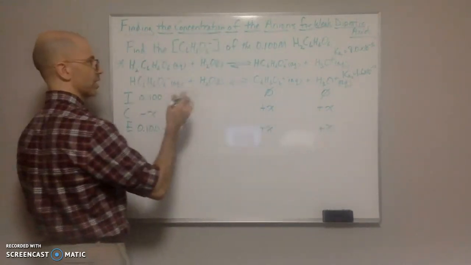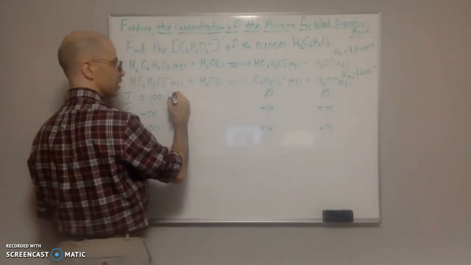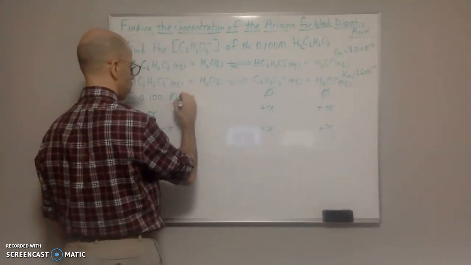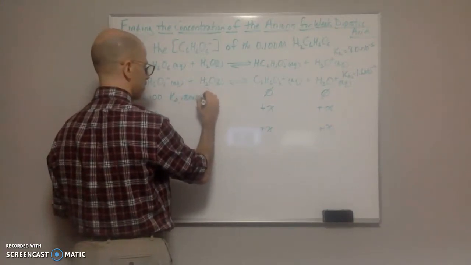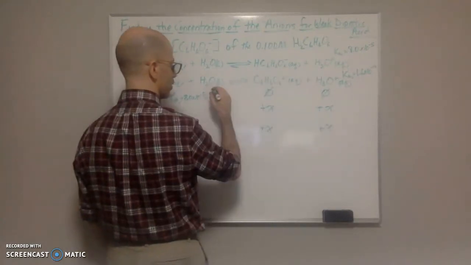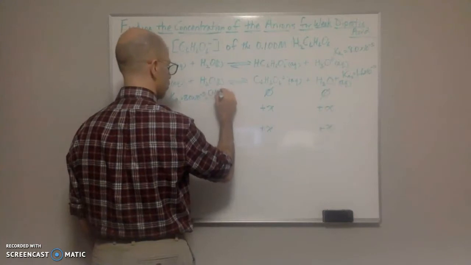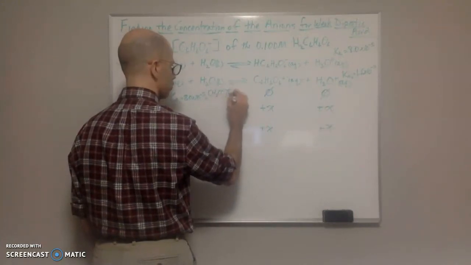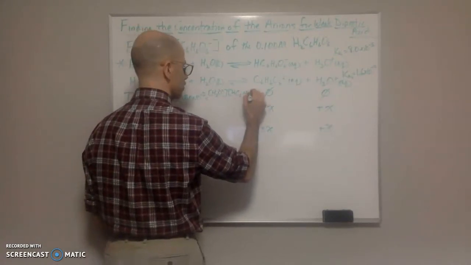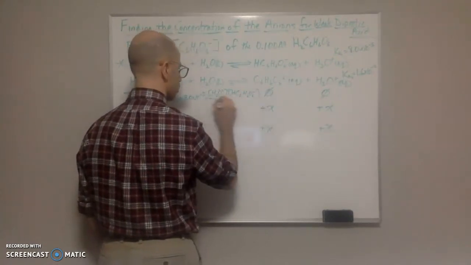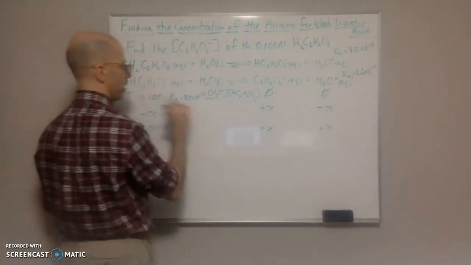And now we can set up our Ka expression. So Ka1 is equal to 8.0 times 10 to the negative 5, which is going to be equal to the concentrations of these two. So H3O plus concentration multiplied by the HC6H6O6 minus concentration all over the concentration of this acid here.